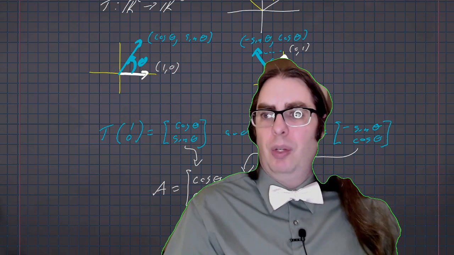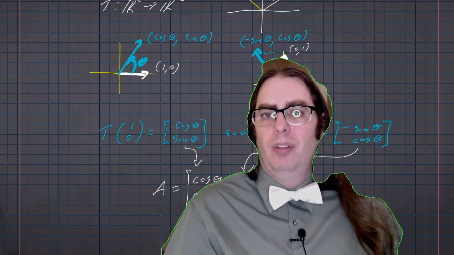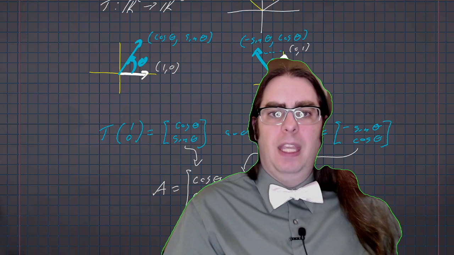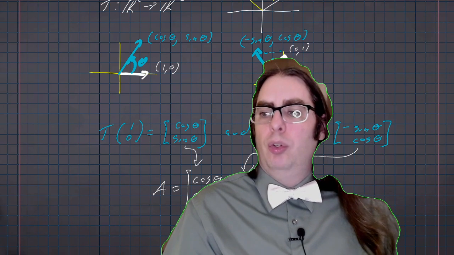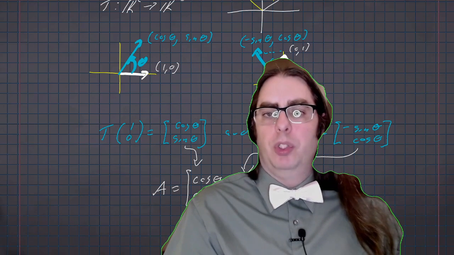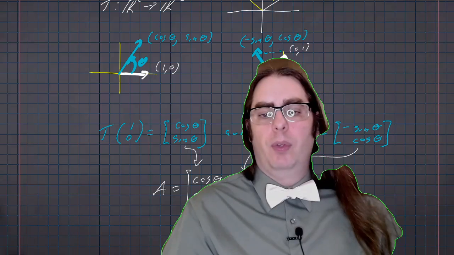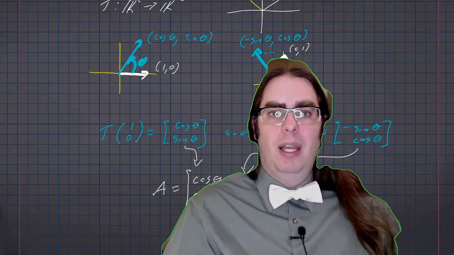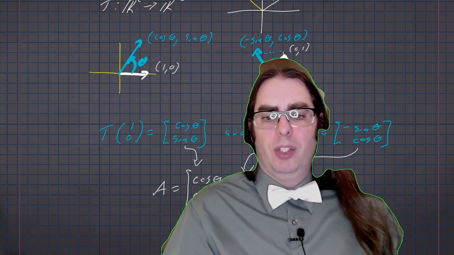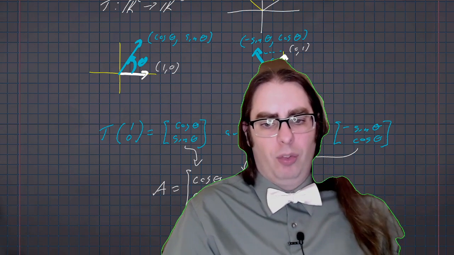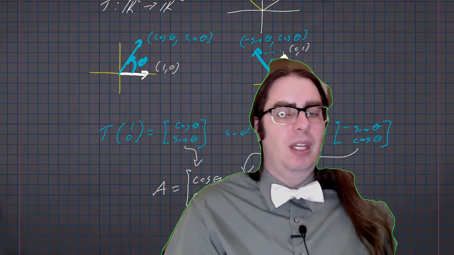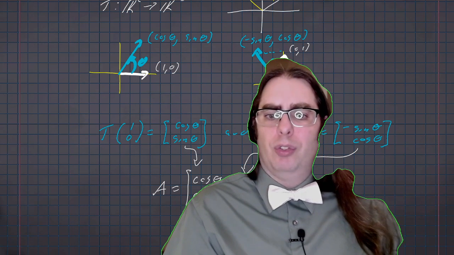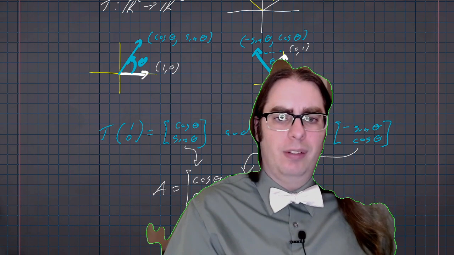Another really interesting one is the projections. If you want to take the magnitude of a vector and just kind of push it down, a 3-dimensional vector flattened into the 2-dimensional plane, or a 2-dimensional vector flattened onto the x-axis or onto the y-axis, there are some really simple to use transformations for that.